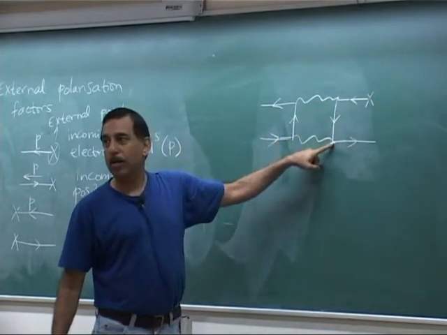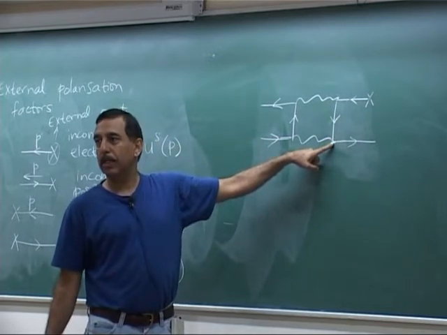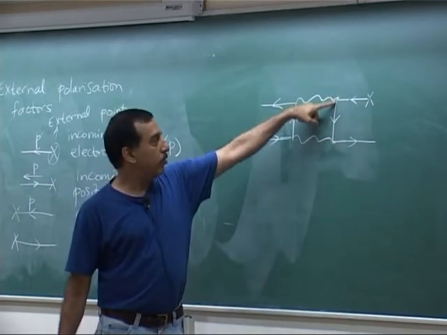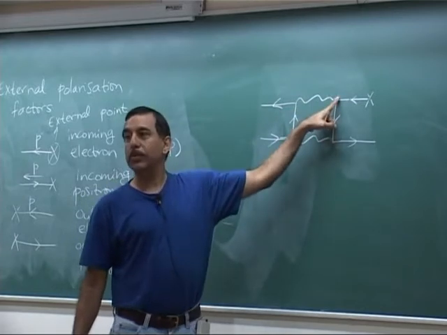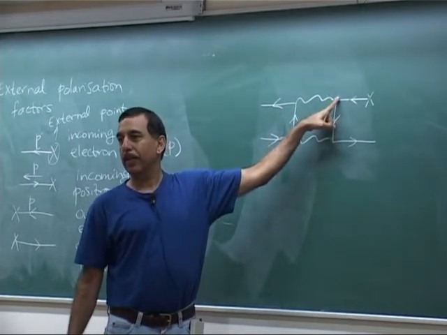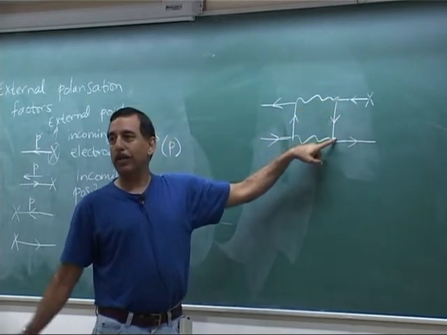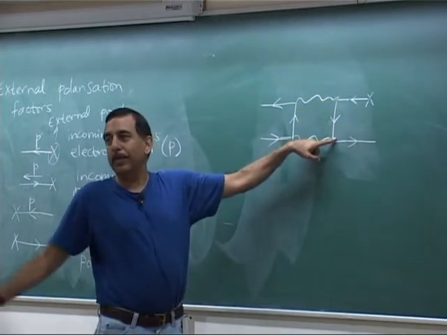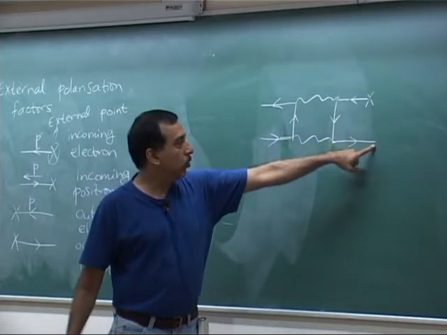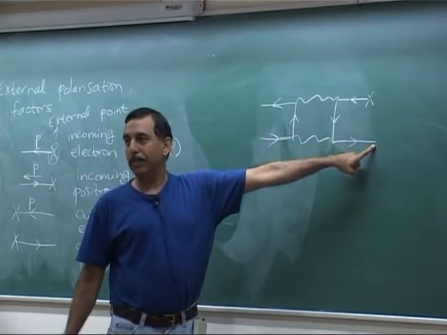This is a virtual particle, so we can call it whatever we like. We can say it's an electron flowing this way, or we can say it's a positron flowing that way. But in this thing, whether it's flowing forward or backward or anything is of no consequence. Here, it's a positron.